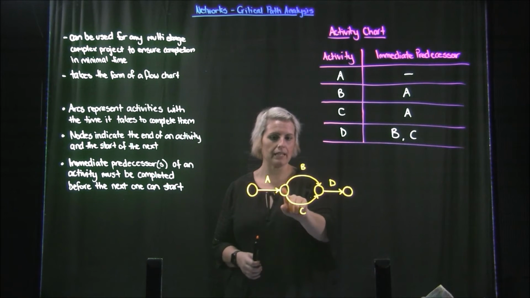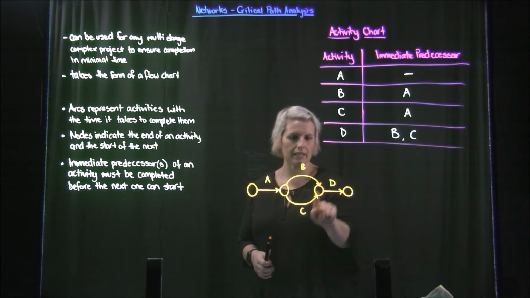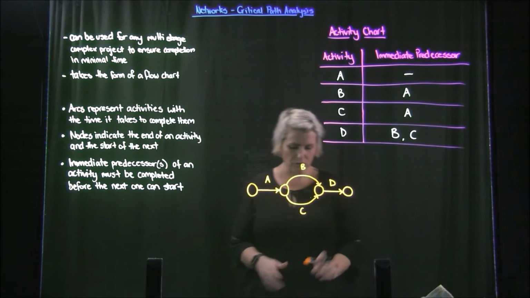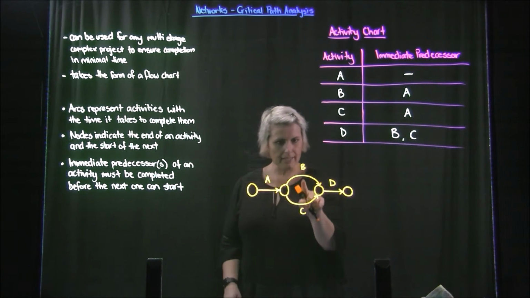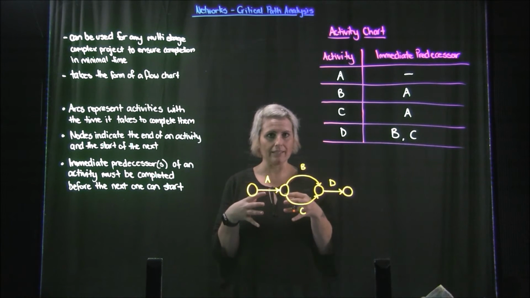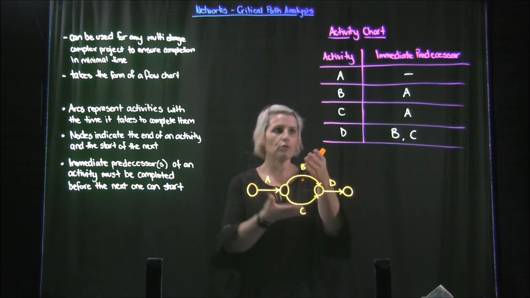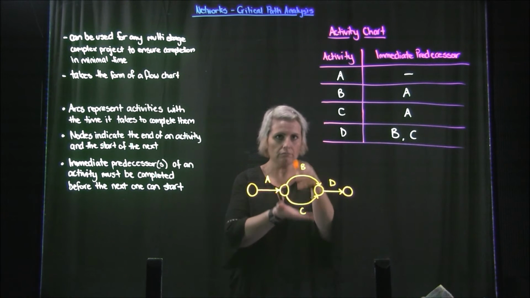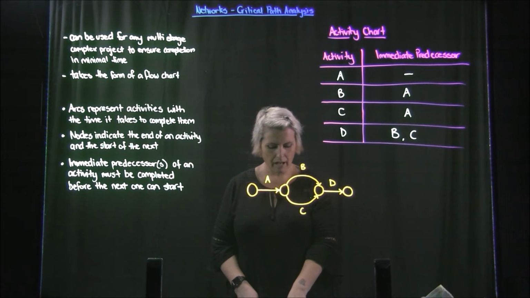So this is beginning and end for each of those tasks. B and C don't actually depend on each other, so they can be worked on simultaneously. So it's multitasking.